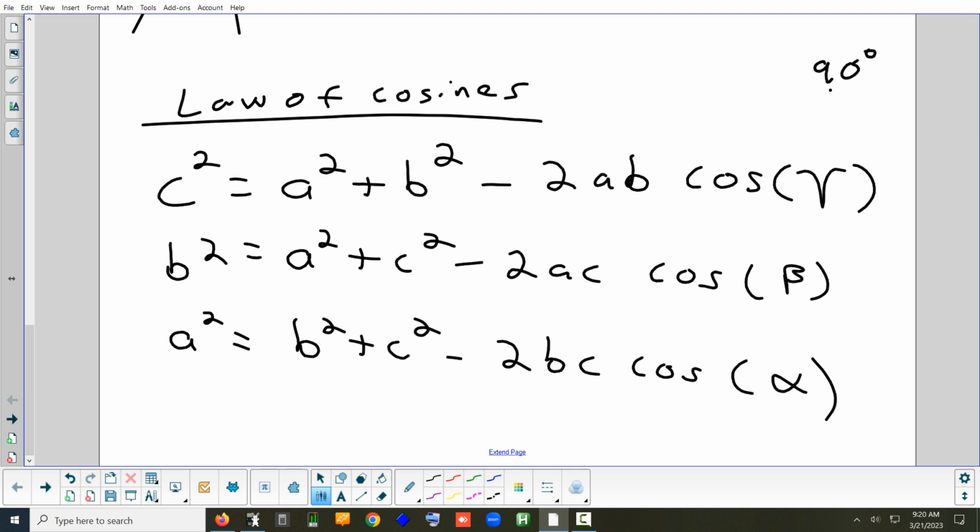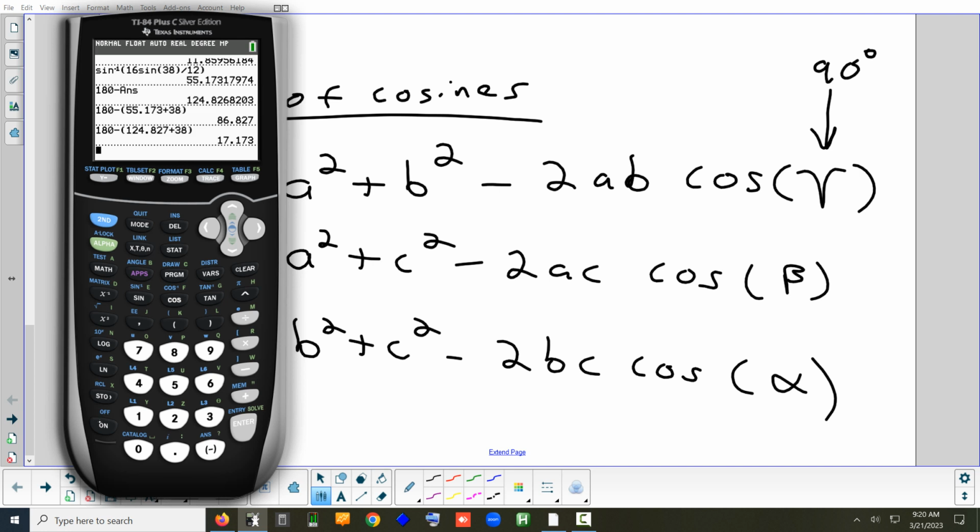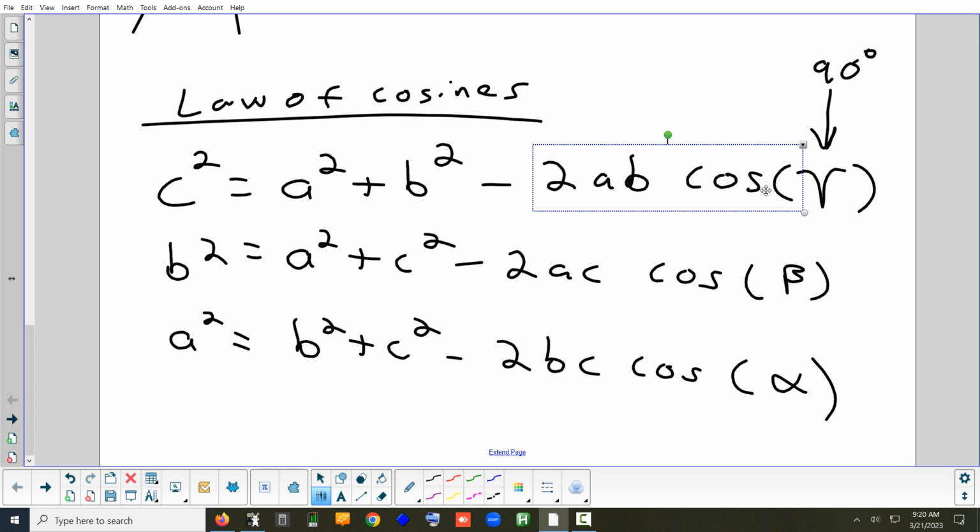So we're not normally going to do this, but watch what happens if you try to use the law of cosines on a right triangle. You'd be filling in a 90 for the angle right there. And if you fill in a 90 for the cosine, the cosine of 90 gives me what? 0. And what's 0 times something? 0.